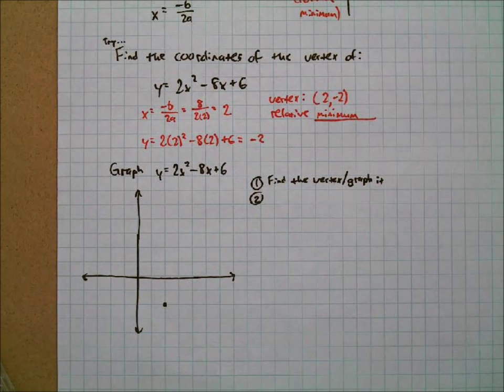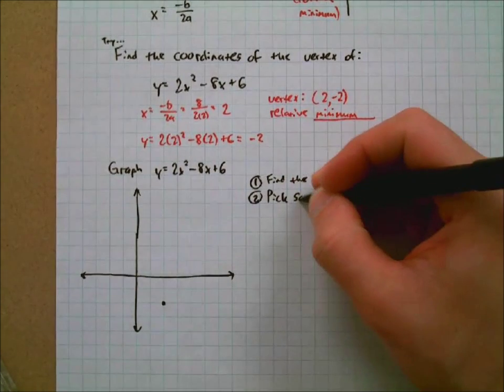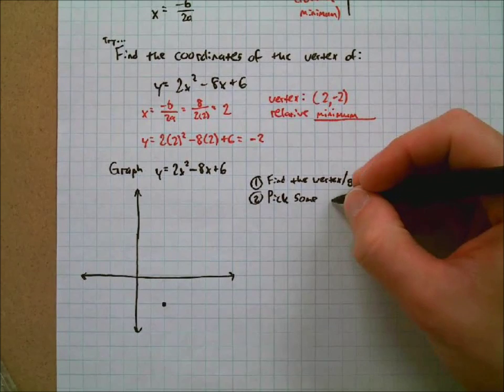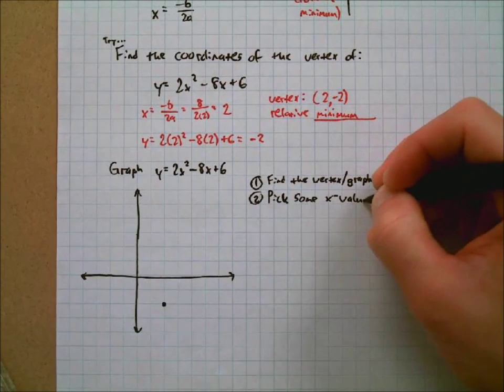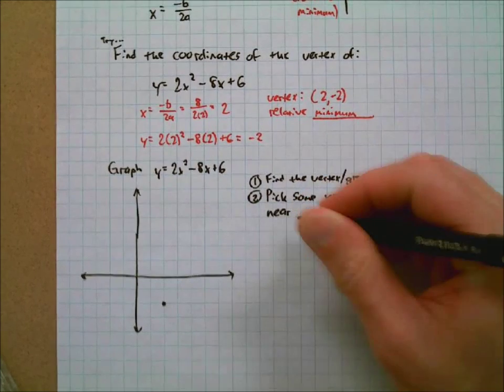So what we're going to do then is just pick some extra x values here, kind of like how you maybe first learned how to graph things. You just made a table of values. I suggest you pick values near the vertex.